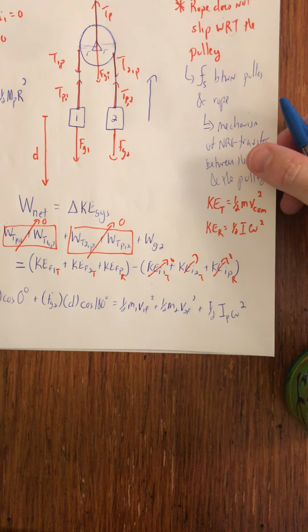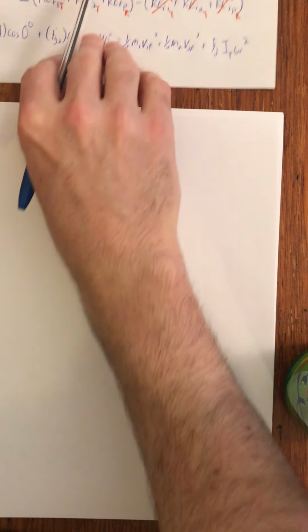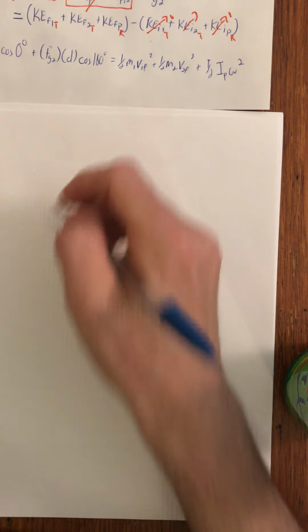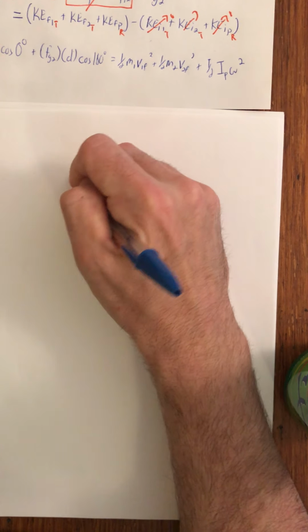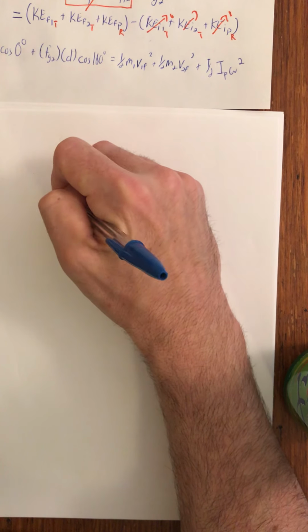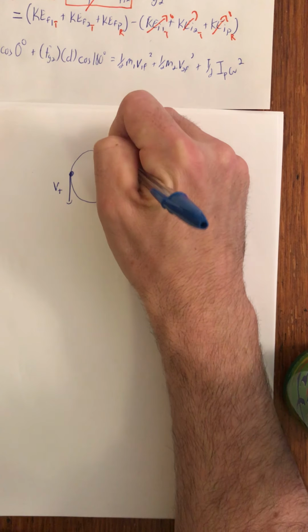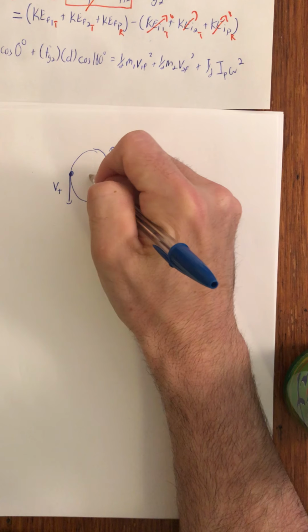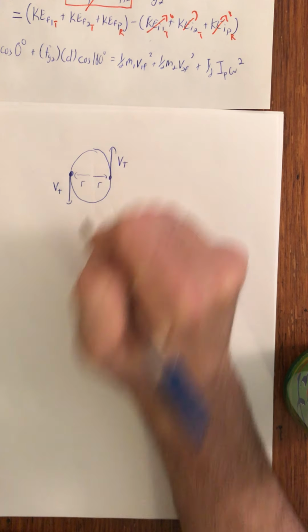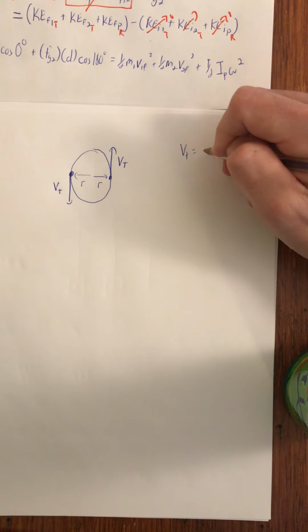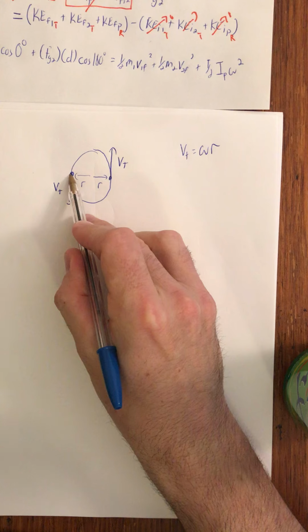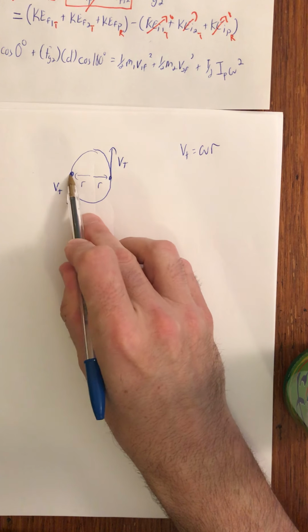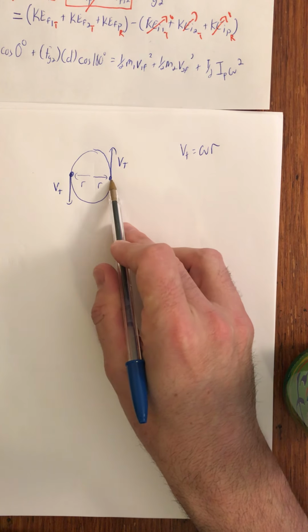This is where we go back to the earlier analysis from the previous problem, where we can exploit something about omega. Looking at the pulley, this point has a certain tangential velocity, and this point also has a certain tangential velocity. If these two points are at equal r, because v tangential is equal to omega r, the tangential speed of this point is equal to the tangential speed of this point.